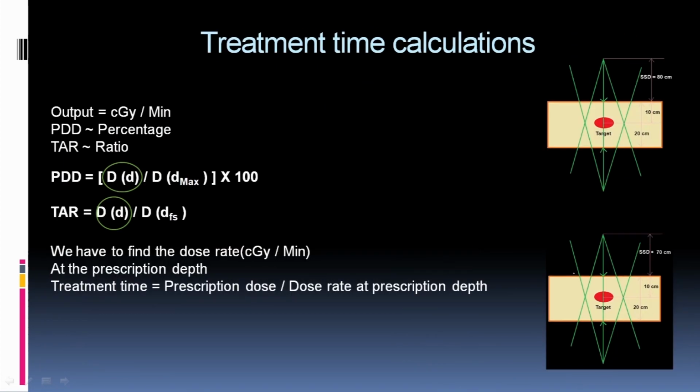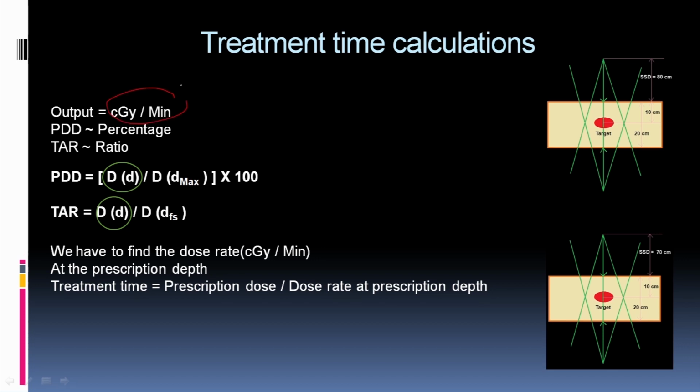Now, how to do the treatment time calculation? We need to give the radiation according to our machine, which is calibrated with treatment time, meaning how much dose the machine delivers per unit time. So whether it is for TAR or for SSD technique, we have two kinds of output, but it is mentioned in centigray per minute.